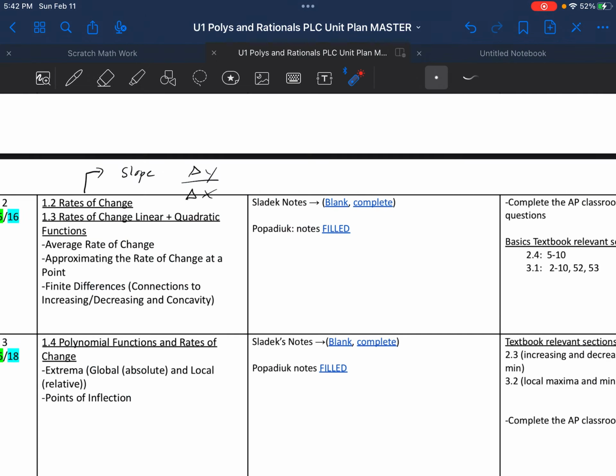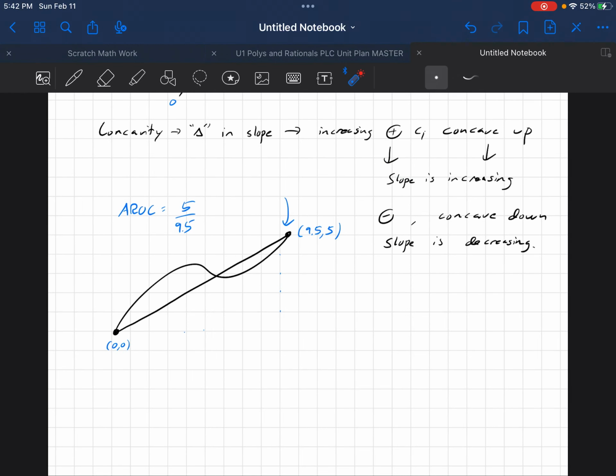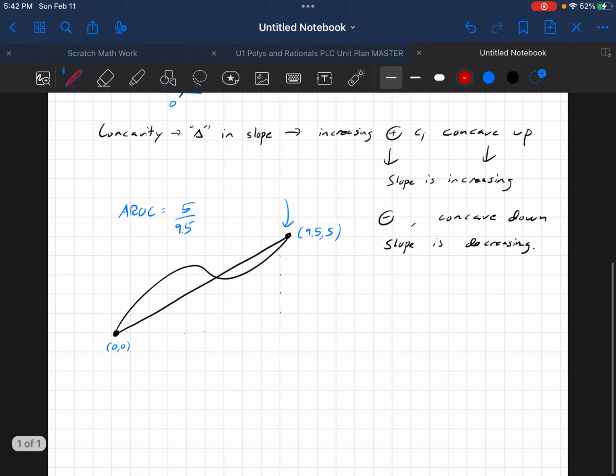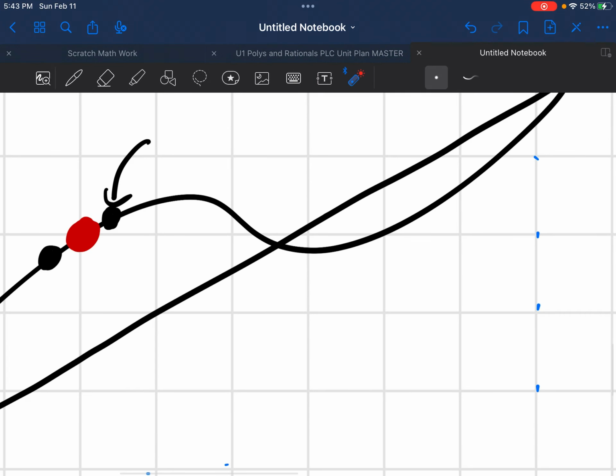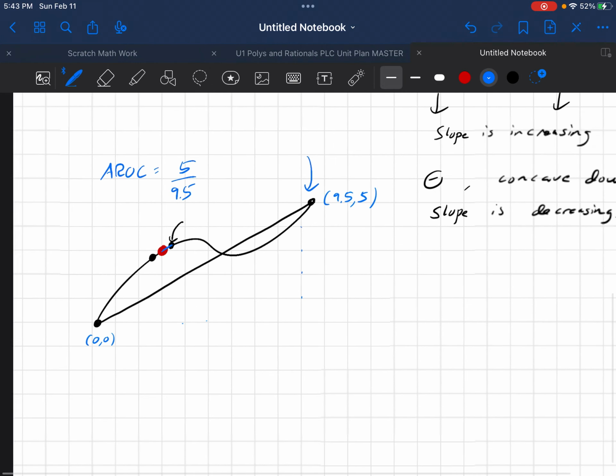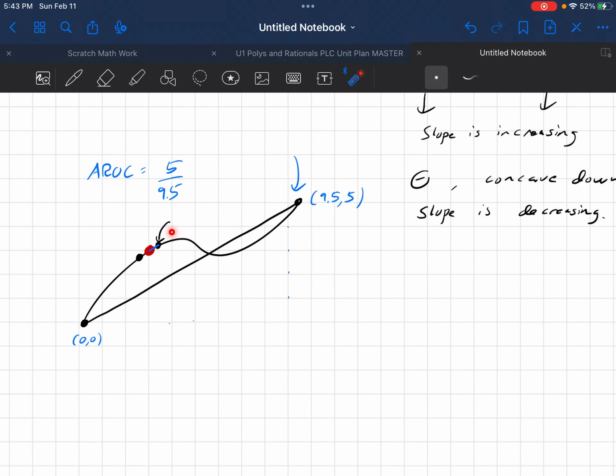And that's what we've been doing before. What you will do in calculus is find the rate of change at a single point. How do we approximate the rate of change at a point? Well, it's simple. We try to get a point that's really close to it. If I blow this graph up and compute the rate of change between two very close points, it's going to be very close to the exact rate of change at that point.